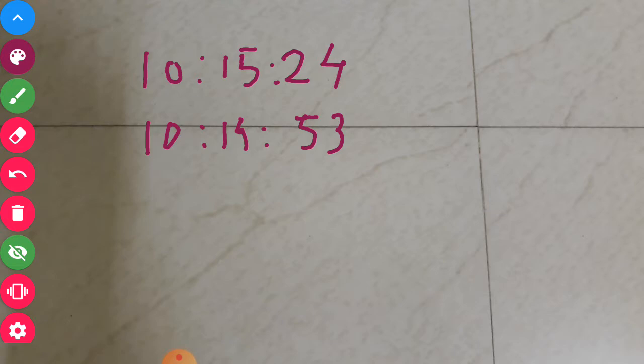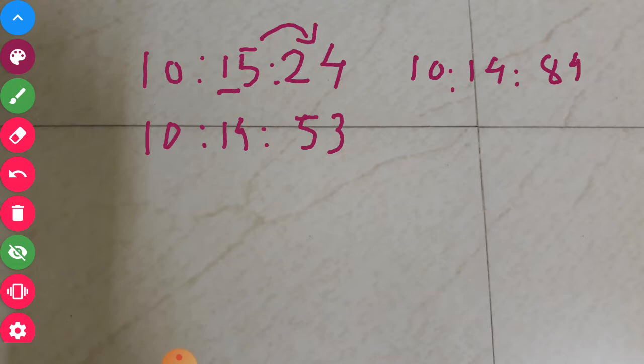Okay, so now if you take the subtraction, for that I am making a trick. This is 15 minutes, so I am converting this minute into seconds, so 60 seconds I have to add here, so it becomes 10, 14 minutes, okay, and 84 seconds.